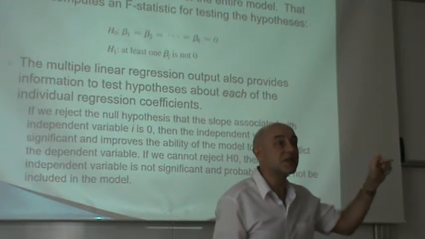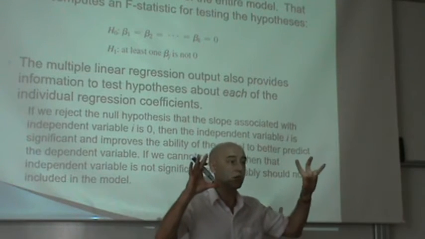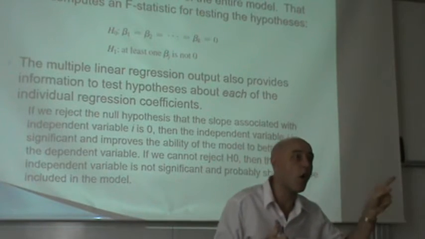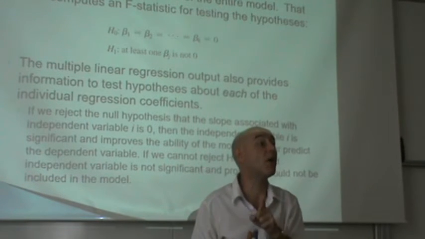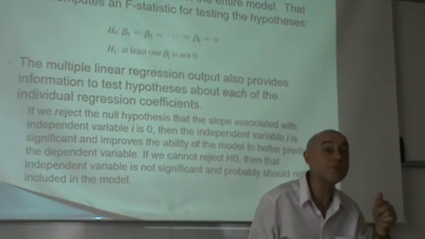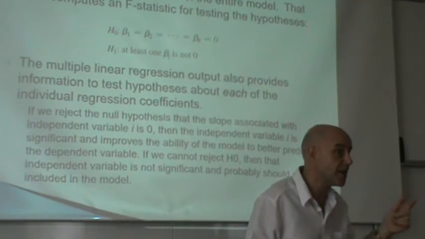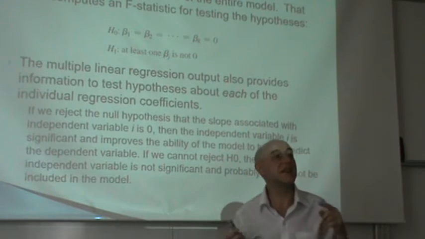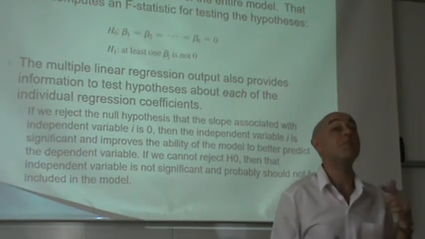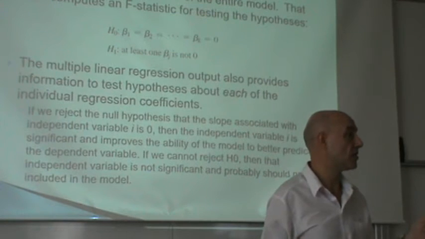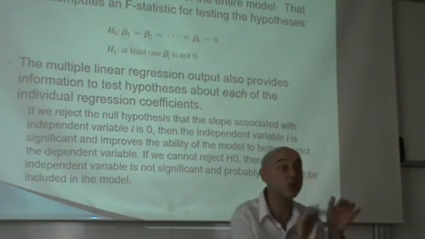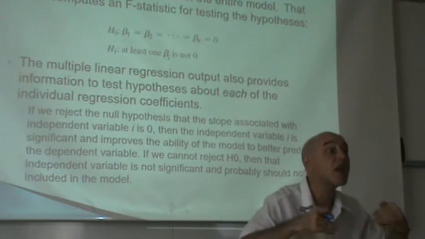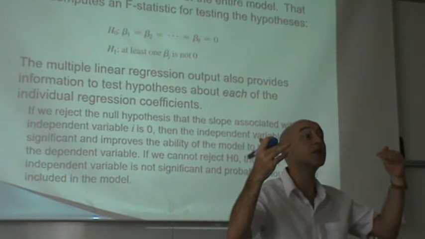All that it tells you is that the whole model is significant, but it doesn't mean that all variables at the same time are significant. That's the important part to understand. So, if the model is significant, it doesn't mean that it's the best model yet. You may have to drop one variable, and the model may actually improve and become a lot better.